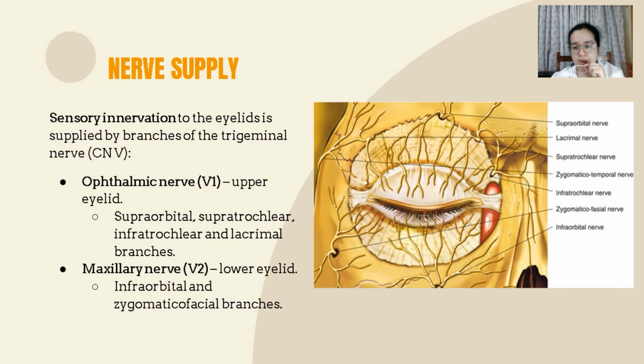So the upper eyelids are innervated by the supraorbital branch, the lacrimal branch, the supratrochlear branch, and the infratrochlear branch of the ophthalmic nerve. Meanwhile, the infraorbital branch and the zygomaticofacial branch of the maxillary nerve innervate the lower eyelid.